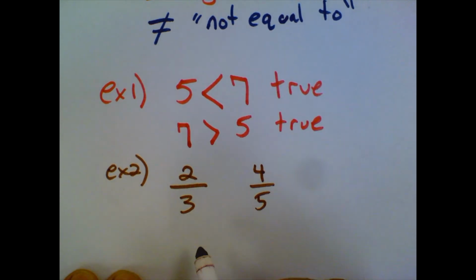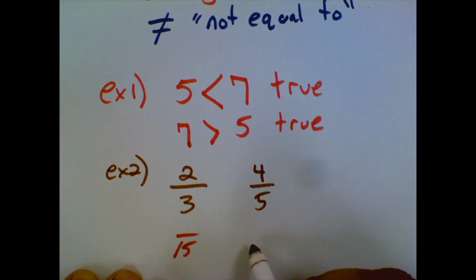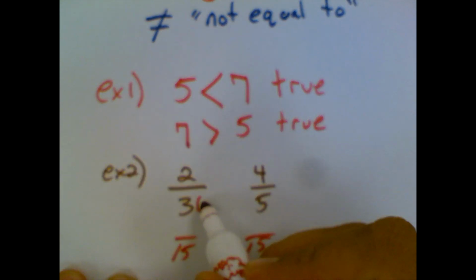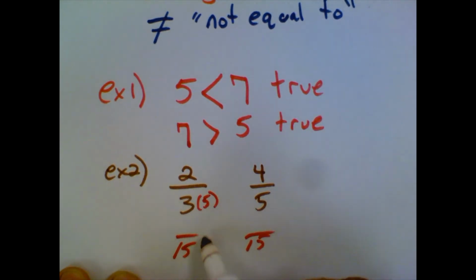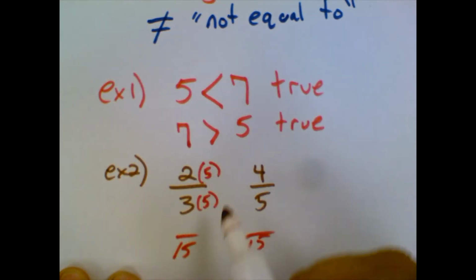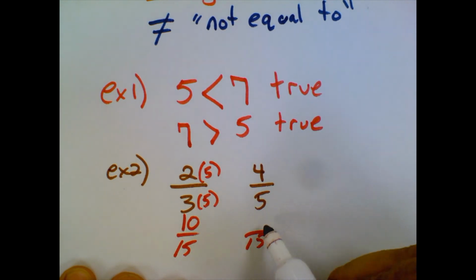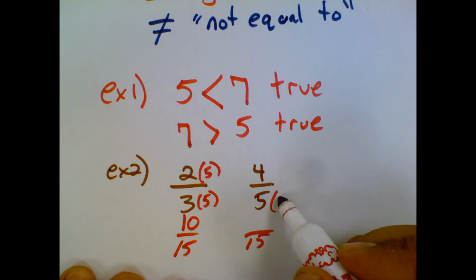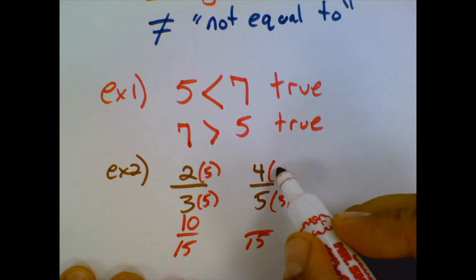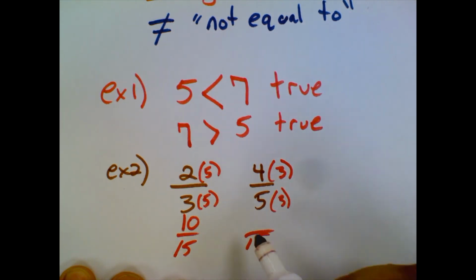So this should not be a shocker that the least common denominator here would be 15. So I have to multiply 3 by 5 to get 15, so I do the same thing to the numerator. So I have 10/15, and I got to compare 10/15 with, let's see what we get, 5 times 3 to get 15, so we multiply the top by 3.